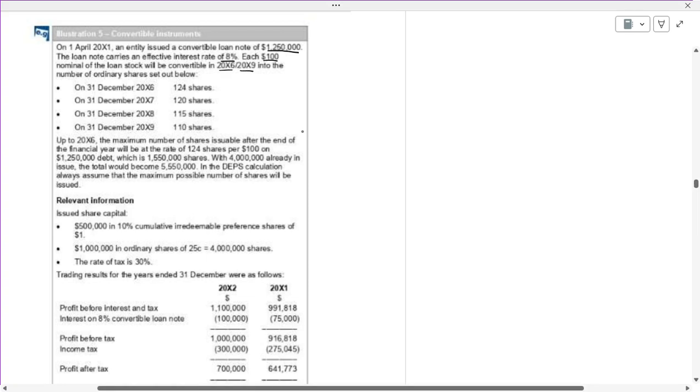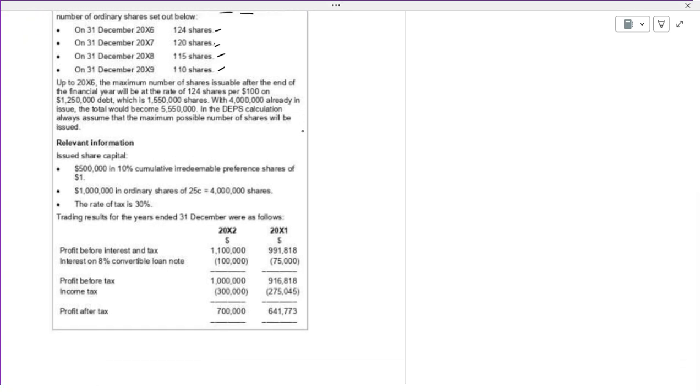If you are converting in 2006, this many shares are there, 124. If you convert after 1 year, 120, 115, 110. The maximum number of shares issuable is 124 per 100.